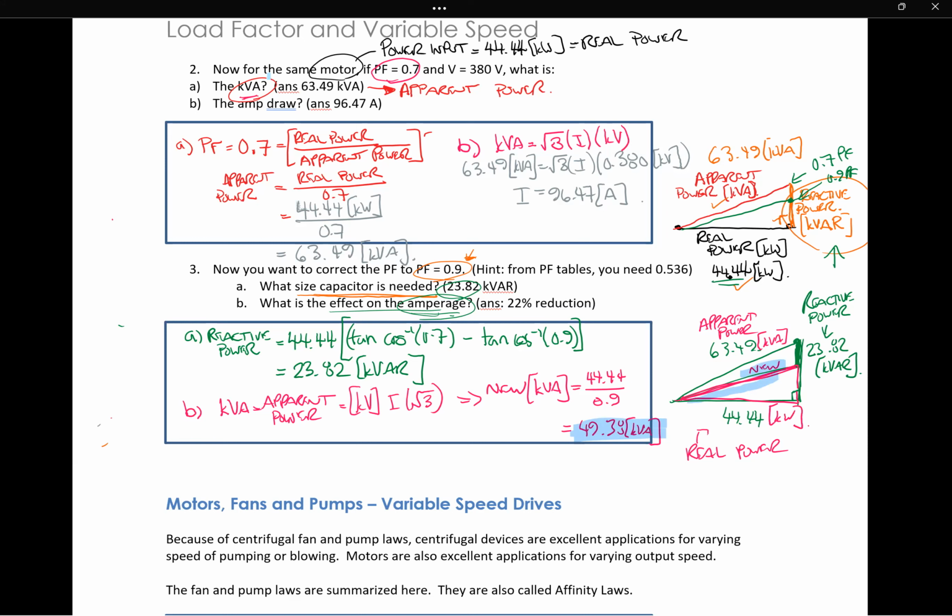So now we're looking at this little triangle down here, and we're saying, what is the effect on the current?